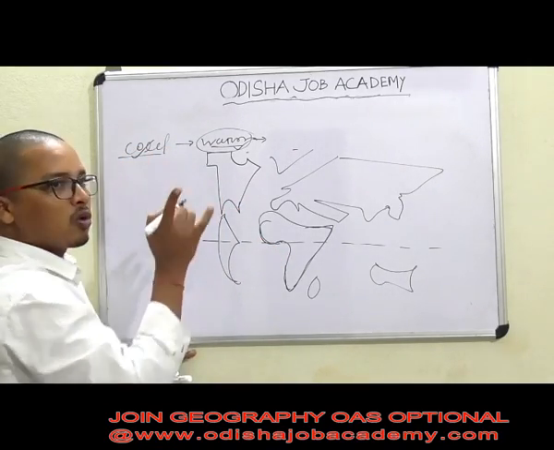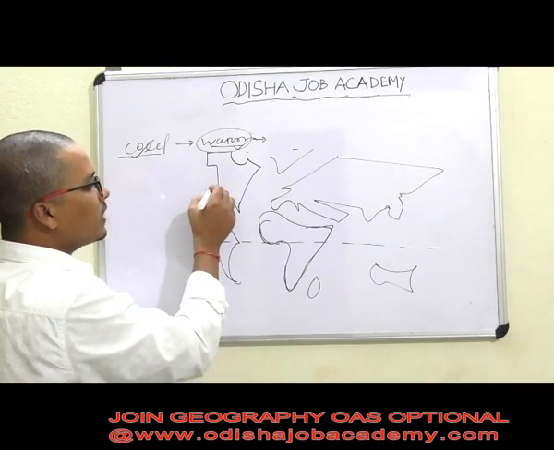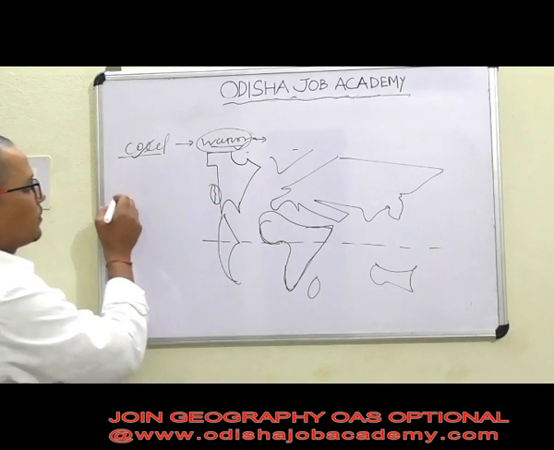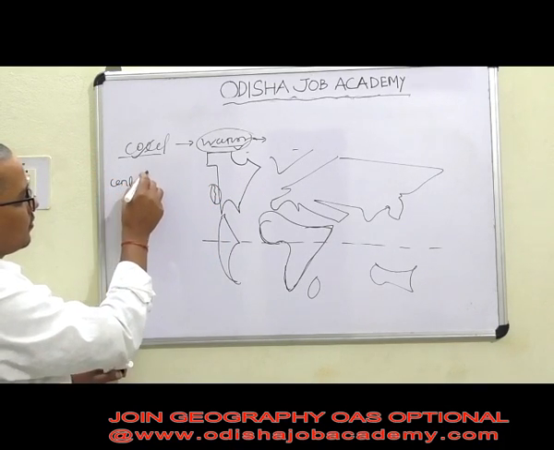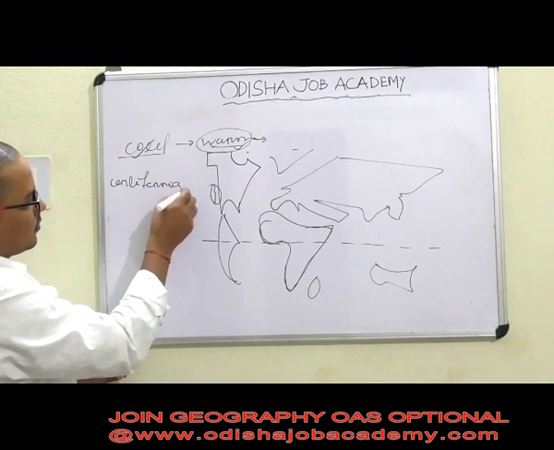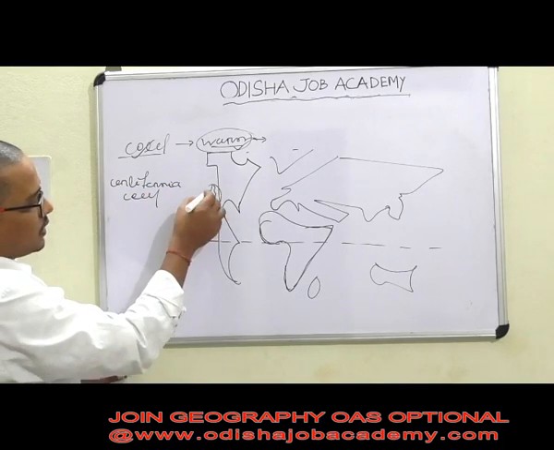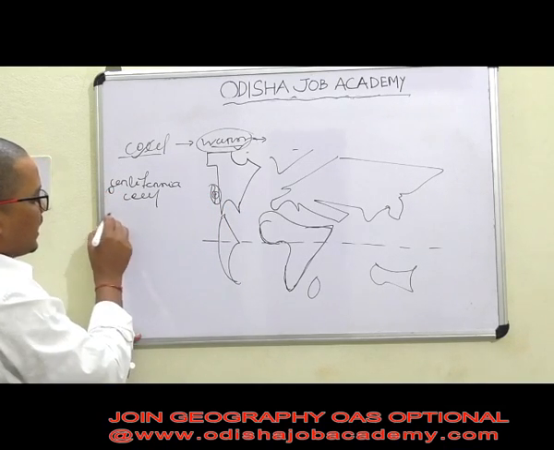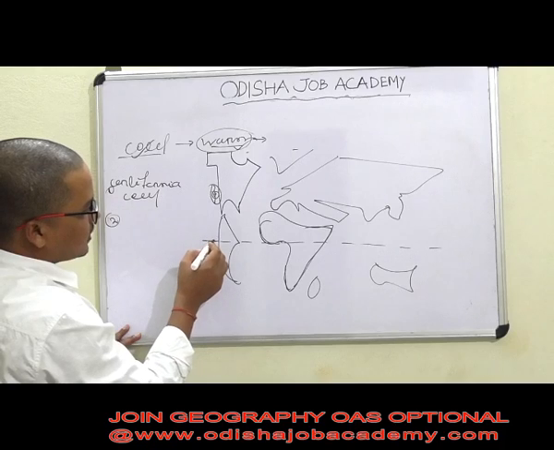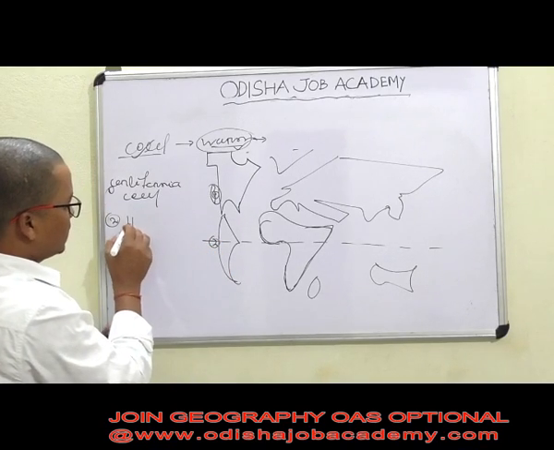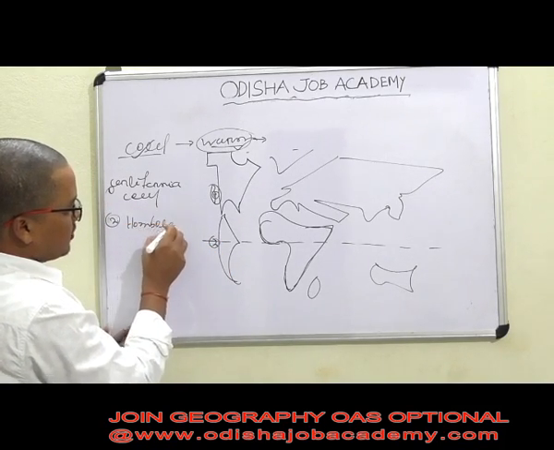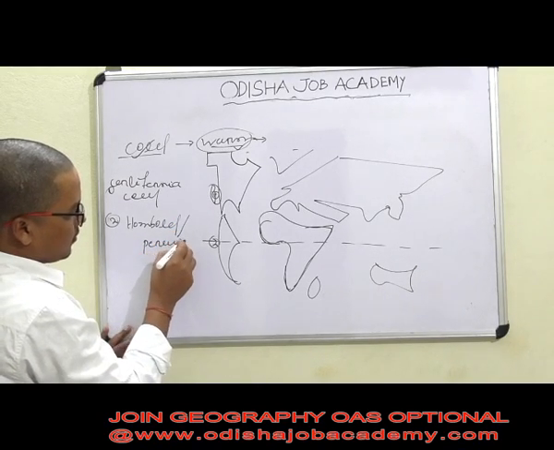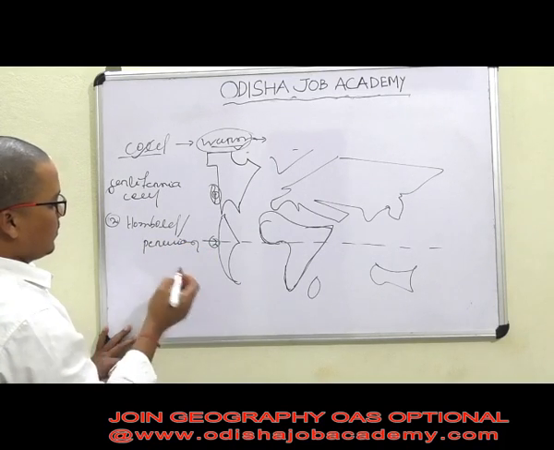First I will discuss all the cold currents found in the world. Here is the California cold current, one. Second, here is the Humboldt or Peruvian cold current.